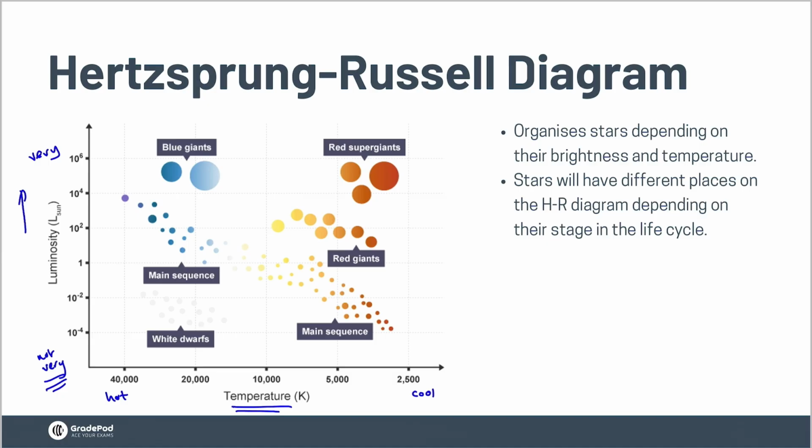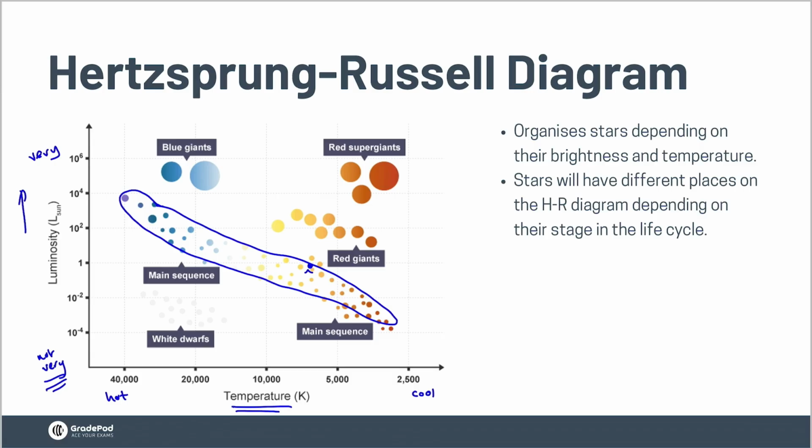We find that main sequence stars come along a sort of sweep along the centre of the Hertzsprung-Russell diagram here. So we'll just do that. That's where you'd find main sequence stars. You'll remember that I told you our sun has a surface temperature of 5,800 Kelvin and it's got a luminosity of 1.